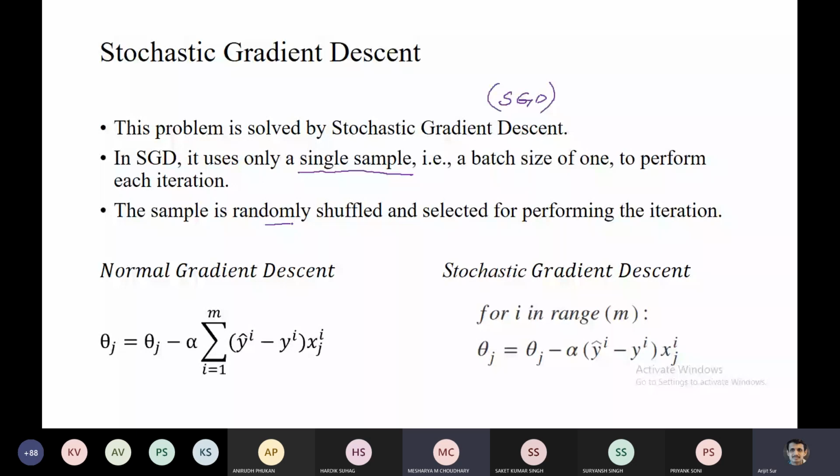So here you can say this is the normal gradient descent, and here the update is: for i in range of m, alpha of (yi minus yi hat) into x, with a single sample randomly picked.